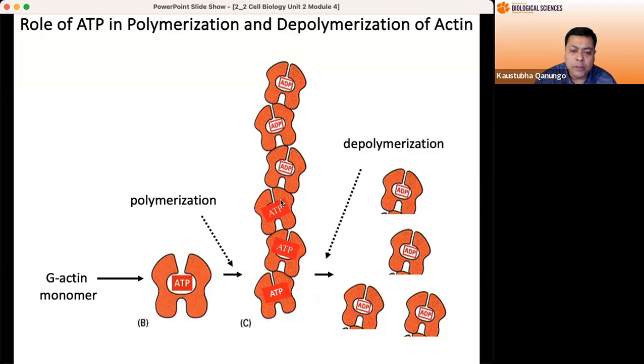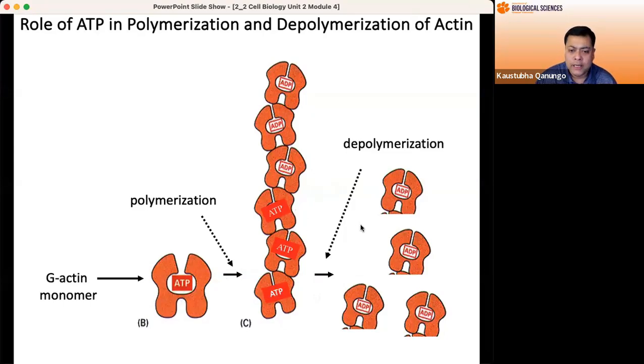The ATP-bound globular actin is much more stable in the filamentous actin compared to the ADP-bound actin. When the actins are ADP-bound, they lose the affinity or the integrity to be kept in the filaments, and they tend to fall off. The affinity actually varies, but ATP-bound actins like to stay in the filamentous form.